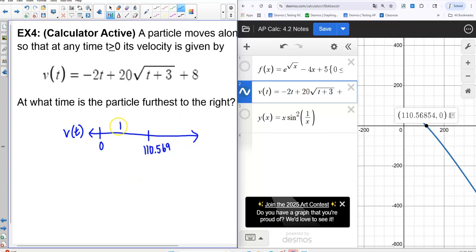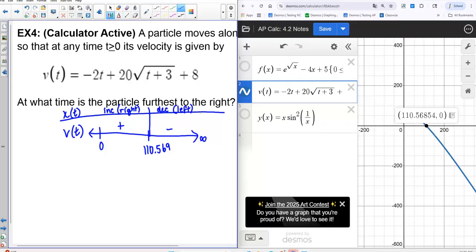Velocity is positive on that first interval. Velocity is negative on the rest all the way to infinity. So what does velocity tell me about position? If velocity is positive, position is increasing, which is to the right. And whenever my velocity is negative, my position is decreasing, which is to the left.